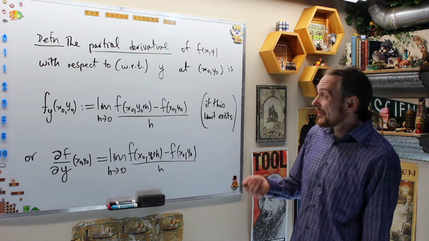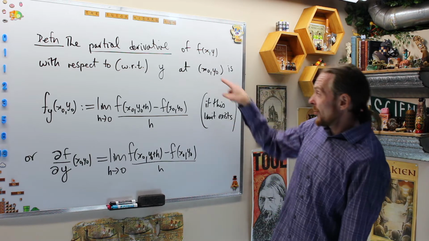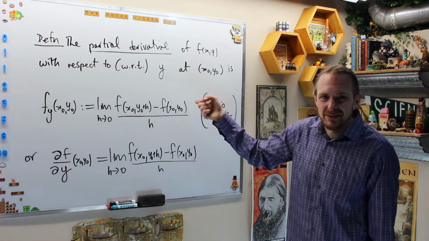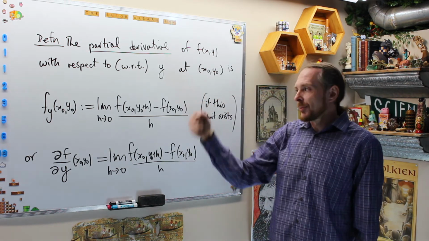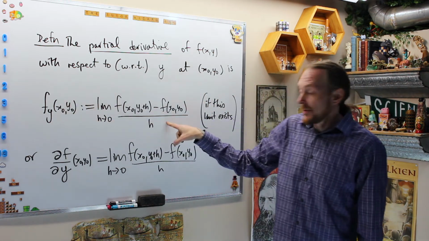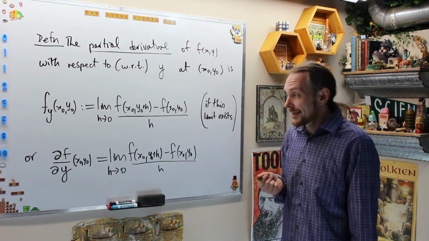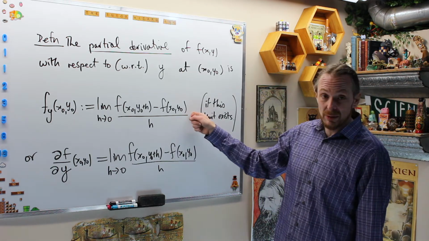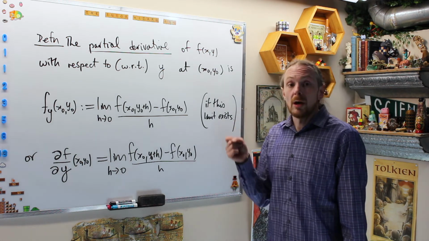Now the partial derivative of f of x, y with respect to y at a point x naught, y naught: we hold x naught constant now. So now z will be just a function of y, and then we take the ordinary derivative of that function of y with respect to y, and that's exactly our definition for the partial derivative. Again, this is Newton's notation and Leibniz notation for the partial derivative with respect to y.